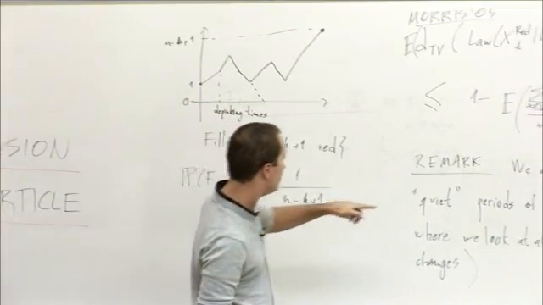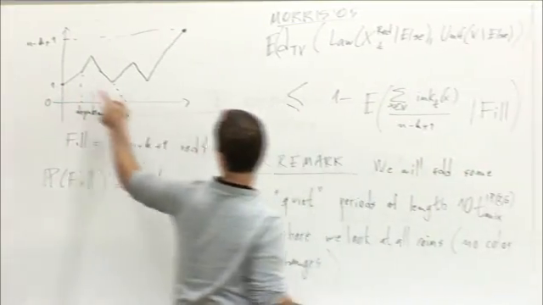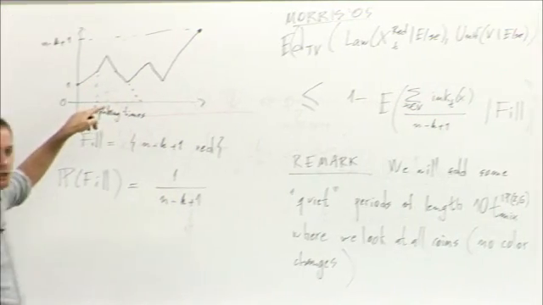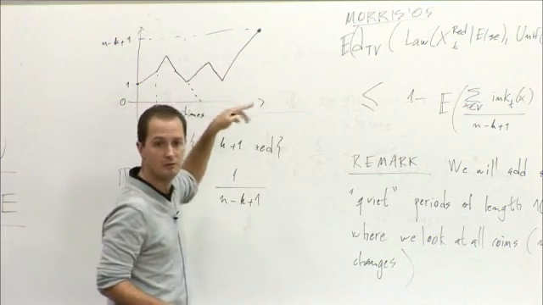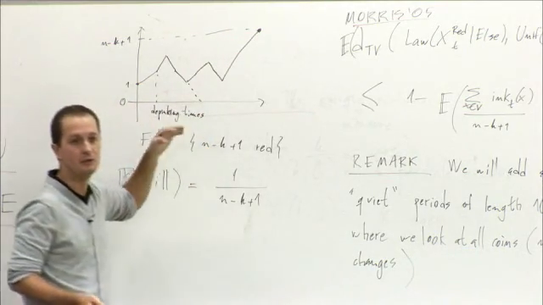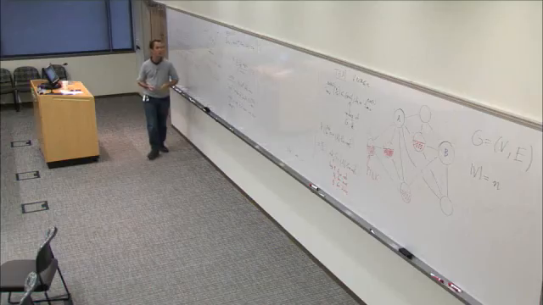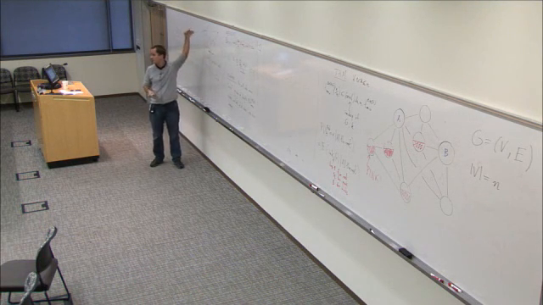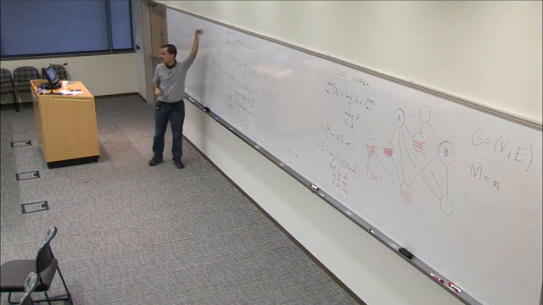And when you condition on this event fill, all you're doing is biasing the coin flips by a certain amount that you can explicitly compute, towards up. Because you cannot go down, you cannot go to 0. So this is an unbiased random walk where the size of the steps increases as you go up, and now you're biasing it towards n minus k plus 1.